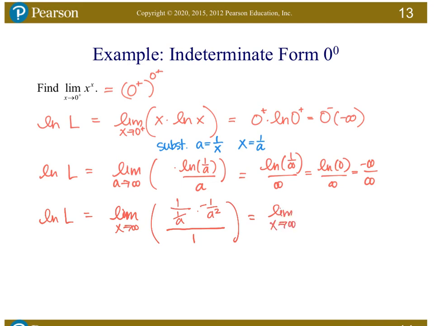When I clean up the numerator and multiply by the reciprocal, I end up with negative 1 over a, and that's all that's left after I've simplified. And when I substitute infinity into that, I'm going to get 0. So to simplify what we've got, we have the natural log of L equal to 0. When I apply an e on both sides, I get the limit is e to the 0, which is 1. So the limit to this equation is proven to be 1.